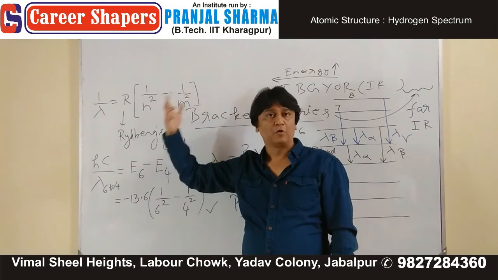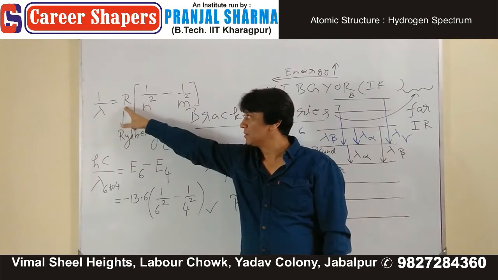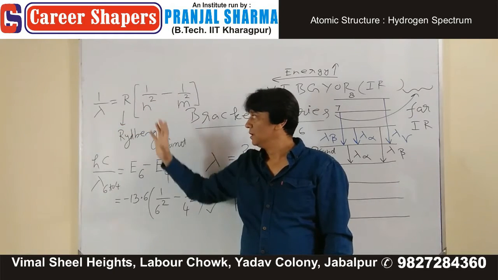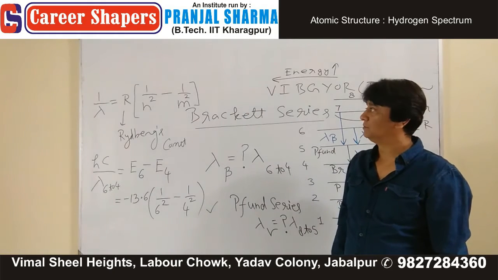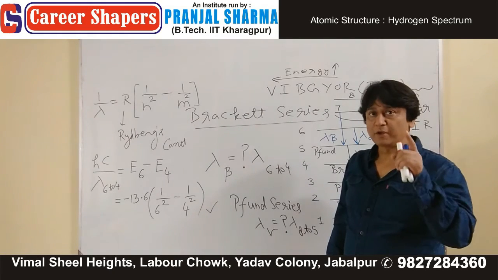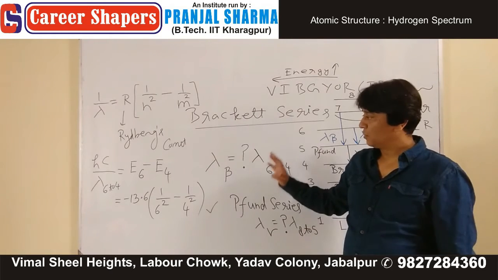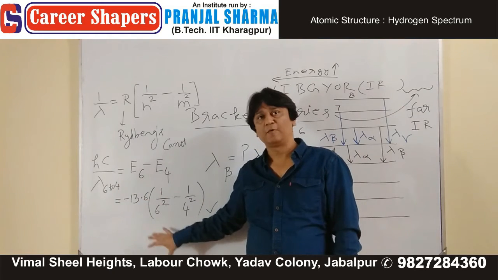So he just found mathematically a particular pattern and then the empirical value of the constant. Now we need to find the value of R using Bohr's model. Remember, we have found E6, E4, these type of things.